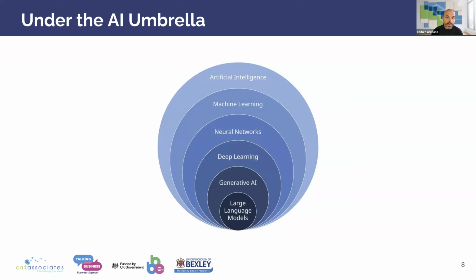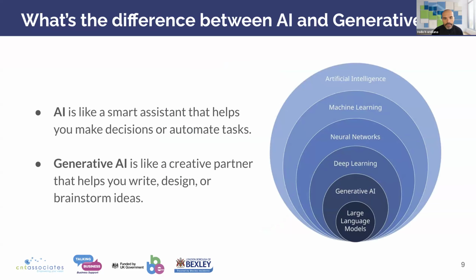Large language models are the way AI understands words. That's why we can interact with AI just using natural language. Summarizing to make clear the difference: AI is like a smart system that helps you make decisions and automate tasks in general. And generative AI is like a creative partner that helps you write, design, and spark ideas.